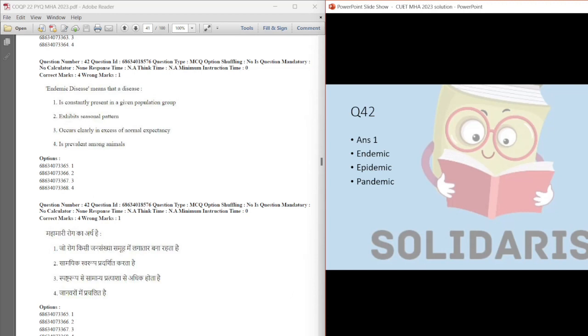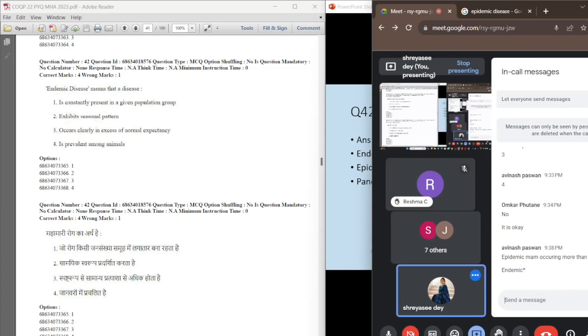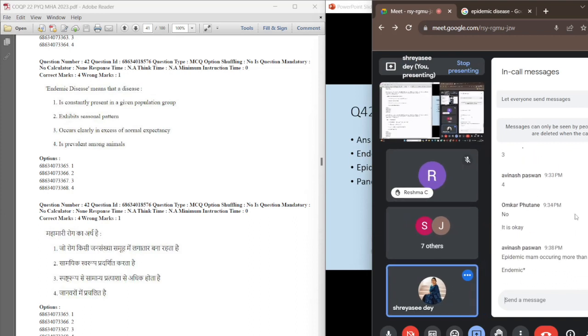Or India has a very low rate of Japanese encephalitis, and suddenly a lot of people get affected by Japanese encephalitis. It will break out, it will be an epidemic. Not endemic, epidemic is occurring more than normal. And don't call me ma'am, please. Endemic is when a disease or anything is confined to a particular place. In the case of diseases, the place is a population group.